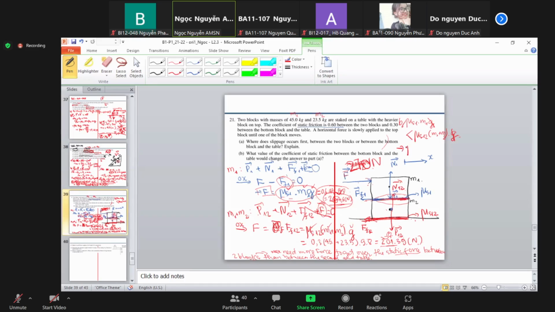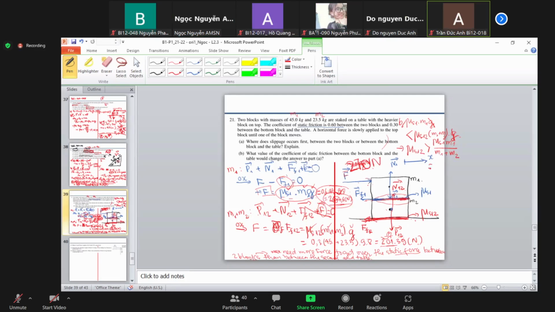So you have mu S12 should be larger than mu S1 M1 over (M1 plus M2). And it will be equal 0.394. Ok?